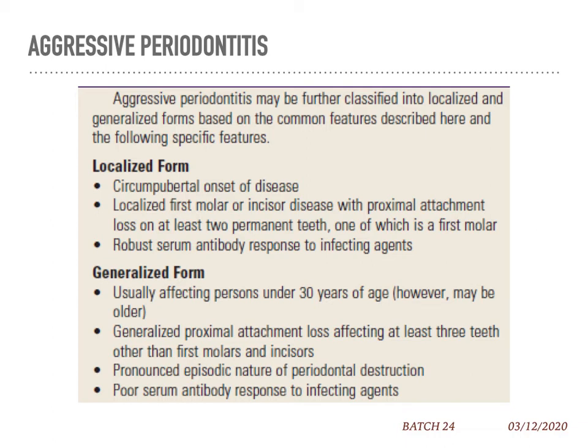Can you understand? So there may be involvement of first molar and incisor plus 3 other teeth, a total of 5 teeth, which will result in generalized. Right? That is the classification of localized and generalized aggressive periodontitis.